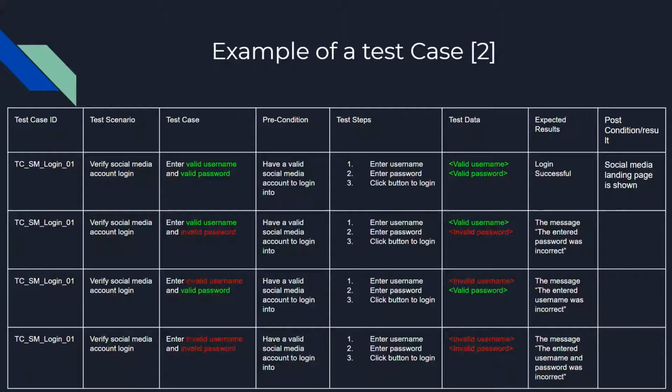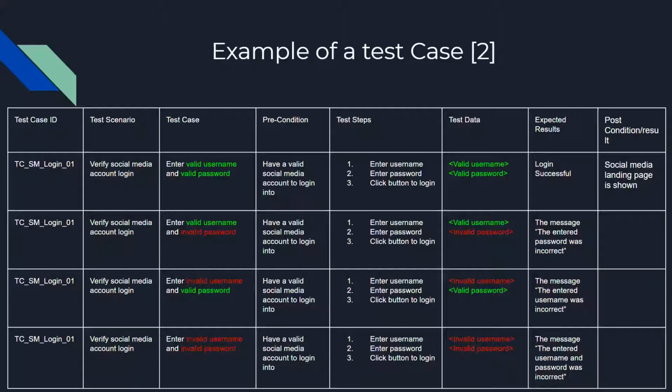As we go down this column, we see the different variations of test cases being tested. This will help the tester identify exactly what the software does when a user enters a valid username and password, a valid username but invalid password, an invalid username but a valid password, and both an invalid username and password. In the next column to the right, we identify the preconditions for the test case.